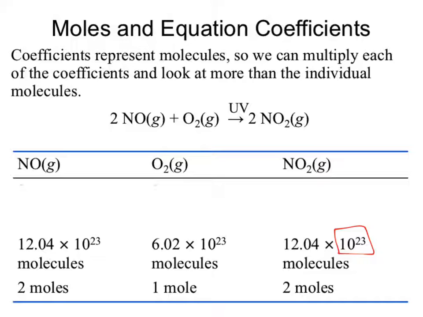Moles are there just to simplify that number and get it into a reasonable value. Because if we take each of those numbers and divide by Avogadro's number, 6.022 times 10 to the 23rd, what happens? 2, 1, 2. That's the point of moles. When we get up to a scale that we can actually work with, we have such a large number of molecules that we don't want to mess with the powers of 10. So we invented a new unit.